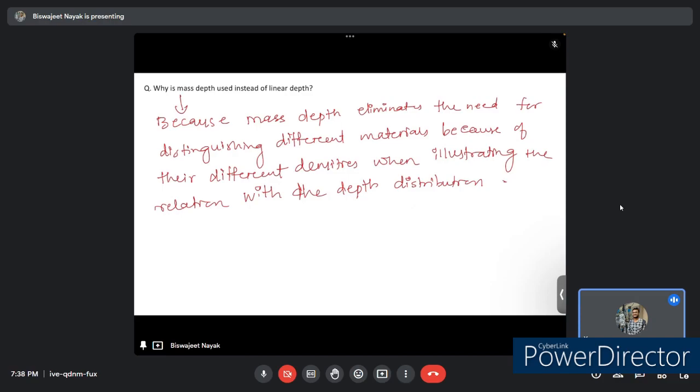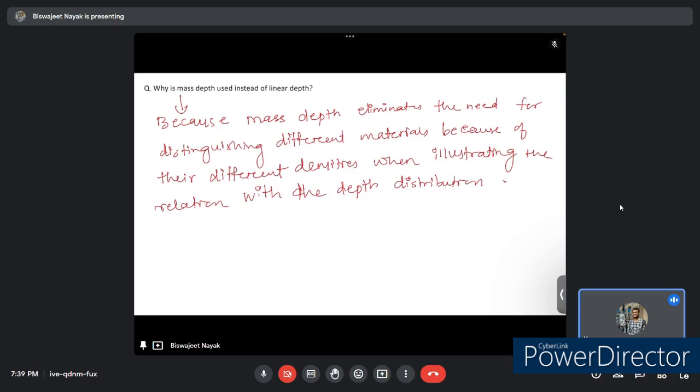So this we can correlate with the linear absorption coefficient and mass absorption coefficient, which we can recall.